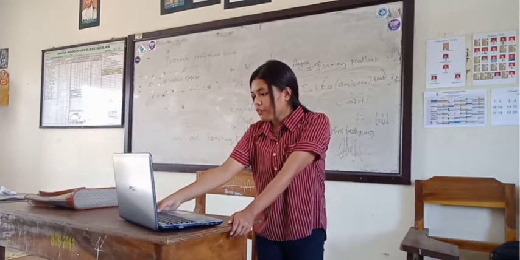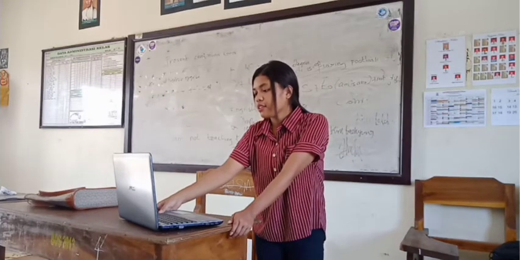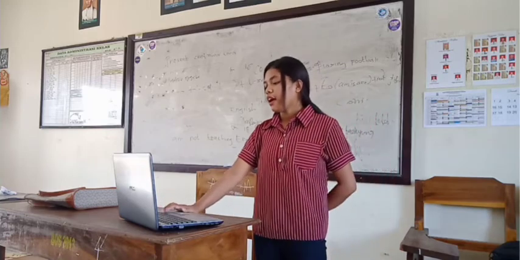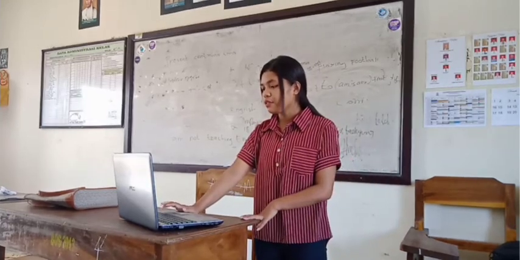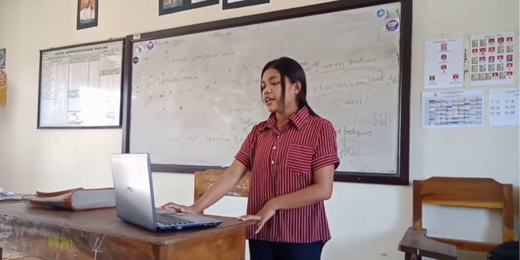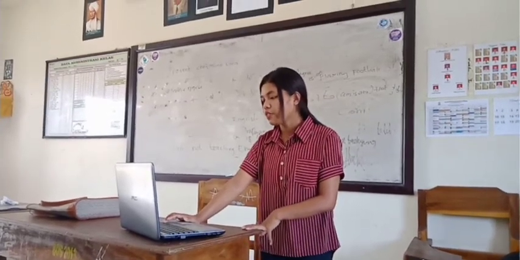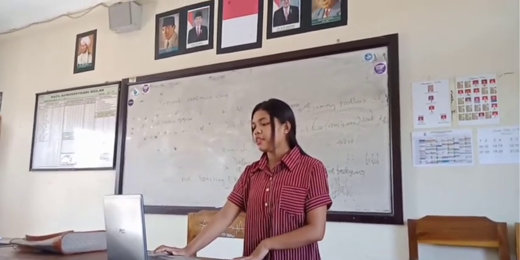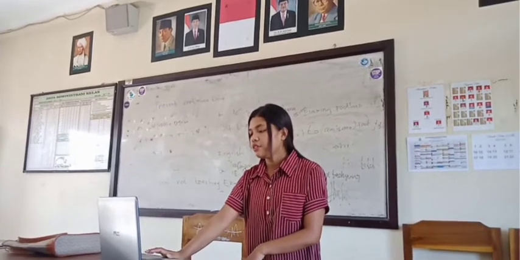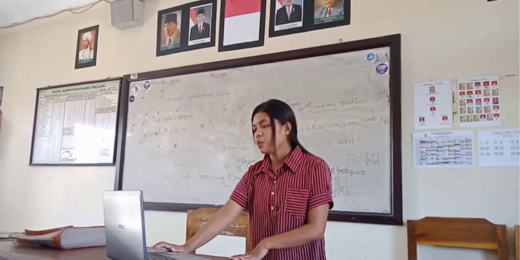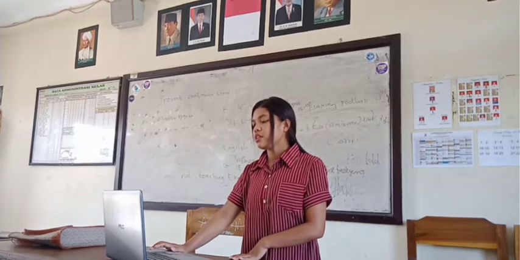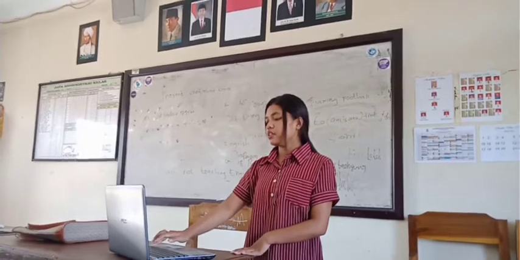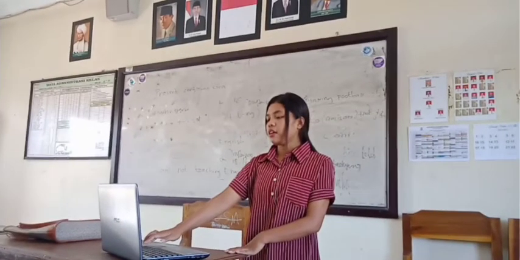So if you understand the characteristics of recount, we are going to the function of recount text. Recount text is a kind of text that tells events that happened in the past. Its function is to draw the attention of the reader and provide entertainment for the reader.